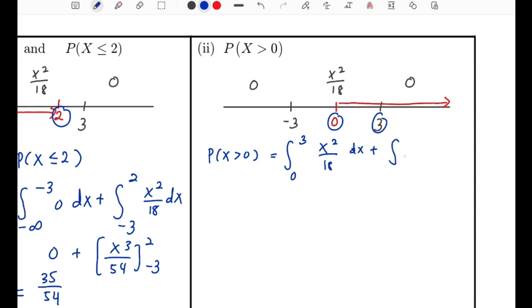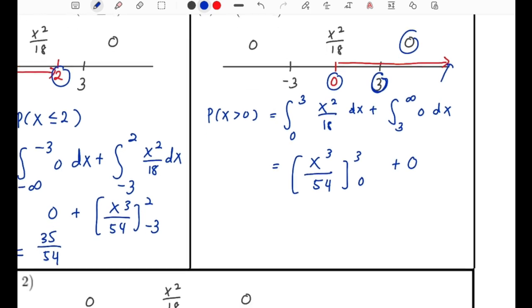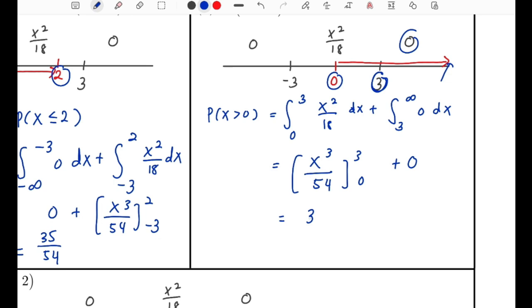And then for the second part, integrate from 3 until infinity, but the function is 0. Integrate it. Integrate 0, 0. Substitute the value. It's going to be half.